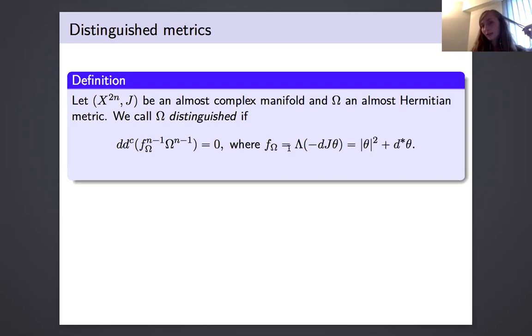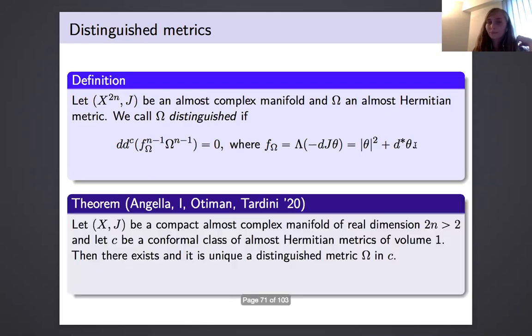And it can be easily computed that the trace of this form is precisely the norm of the Lee form plus the star of d theta. And then we showed that even in this more general setting, if the manifold is compact and of real dimension bigger than 2, then any conformal class admits a unique representative which is a distinguished metric.